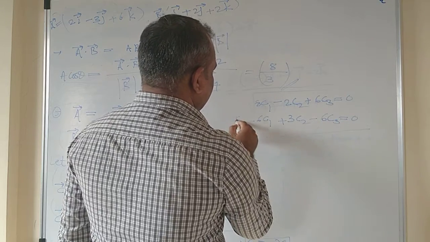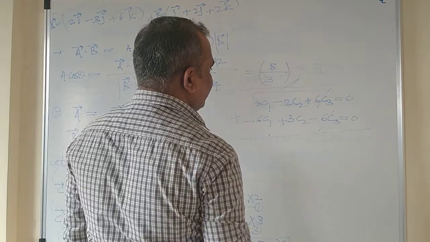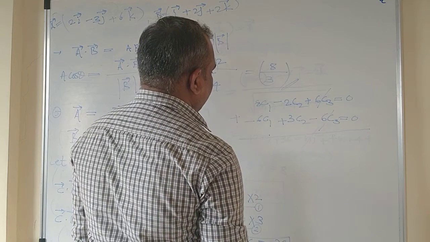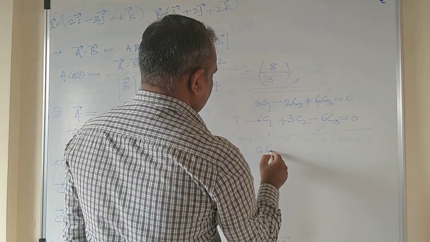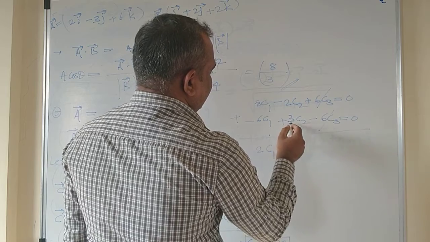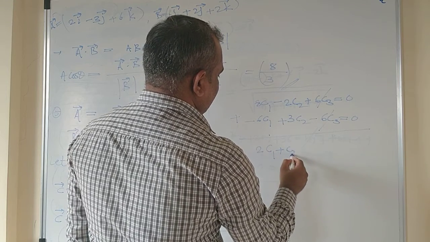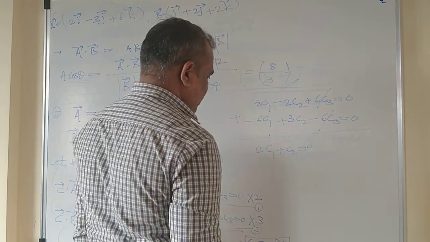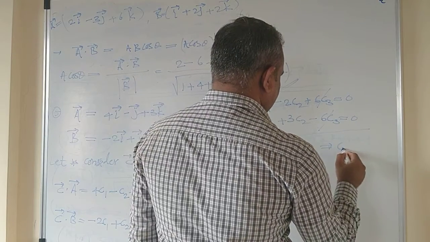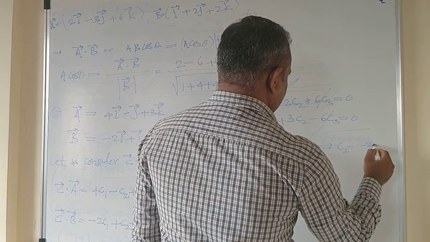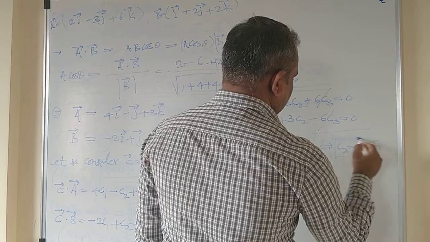Now if you add this, these two terms will get cancelled to each other, and you will get 8 minus 6 is 2 C1 and 3 minus 2 is 1, that means C2 equals to 0. So this implies that C2 is equals to minus 2 C1.